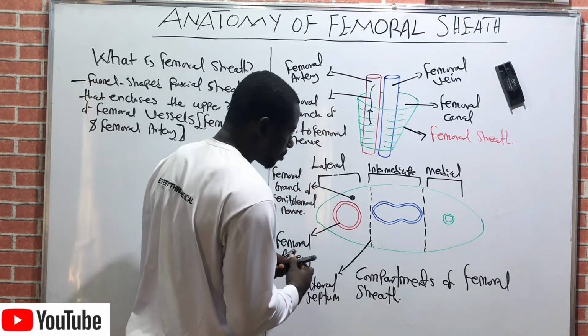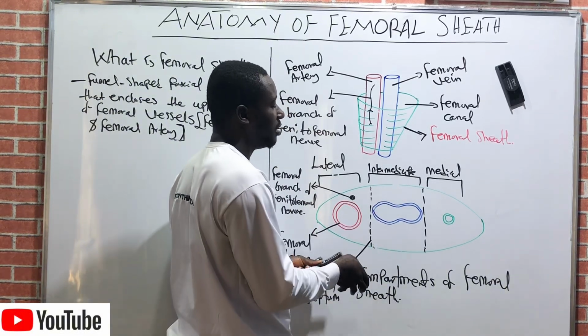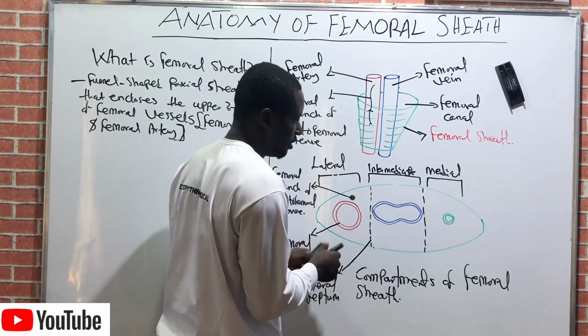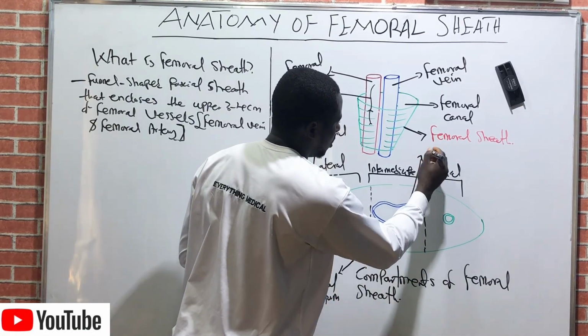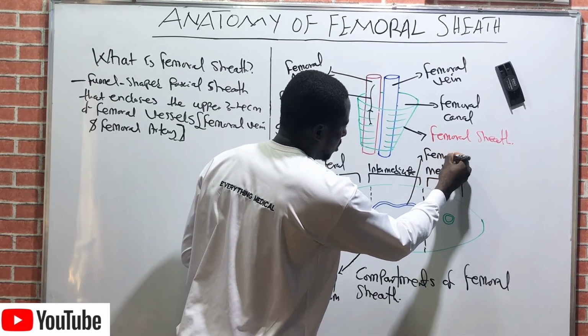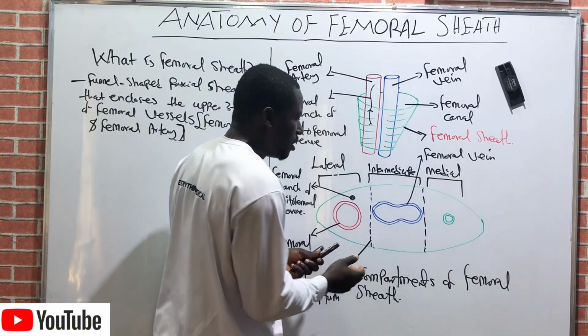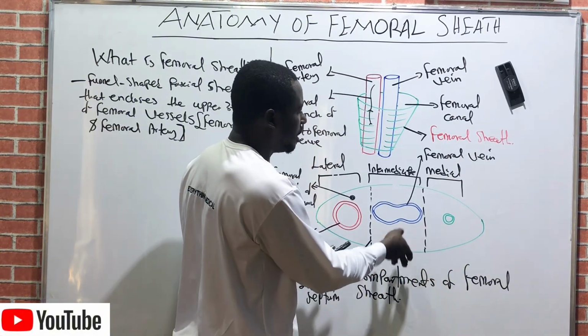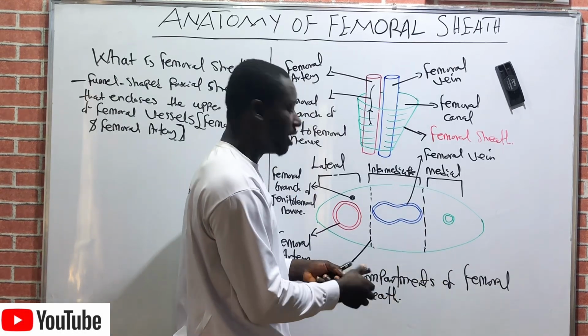What forms the intermediate compartment or the middle compartment is the femoral vein. The partition that separates the intermediate compartment from the medial compartment is known as the medial septum.